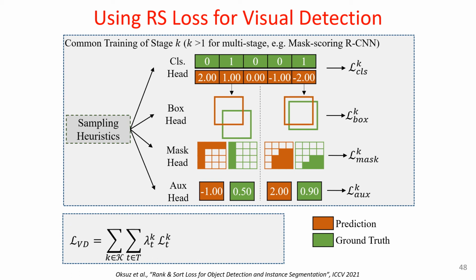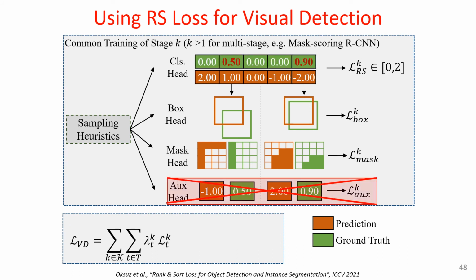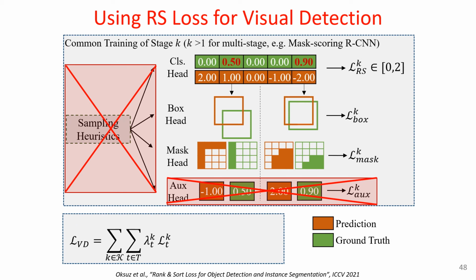Once RS loss is employed, due to the prioritization of positives by the classifier during training, detectors do not need an auxiliary head, and due to its ranking-based nature, RS loss can handle imbalanced data without any sampling heuristics. Using GIoU loss to train the box regression head and dice loss to train the mask prediction head ensures similar ranges of all losses.